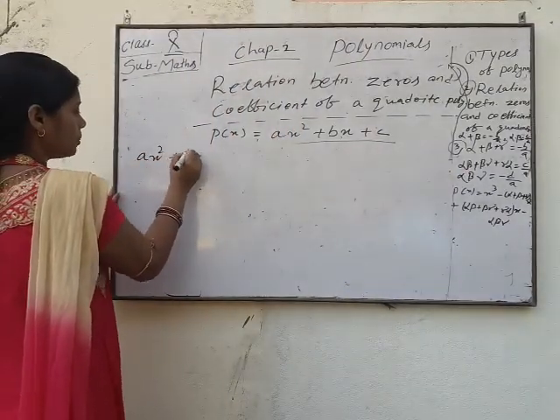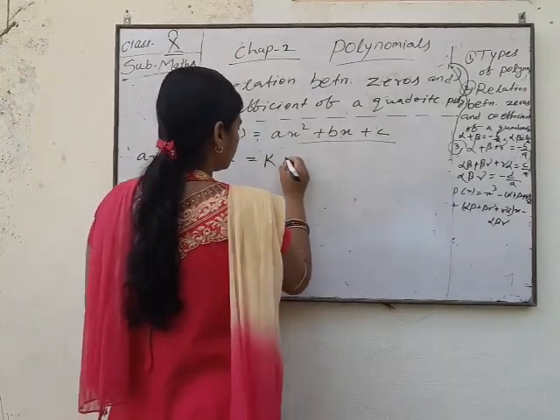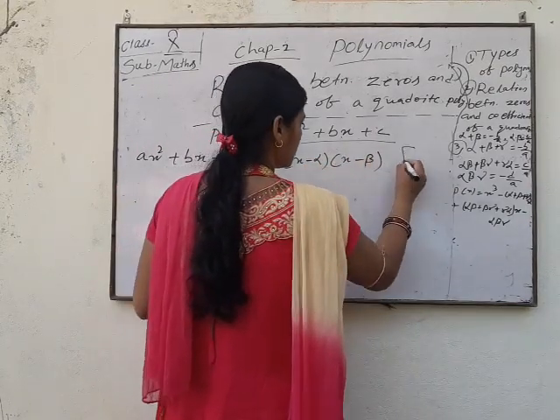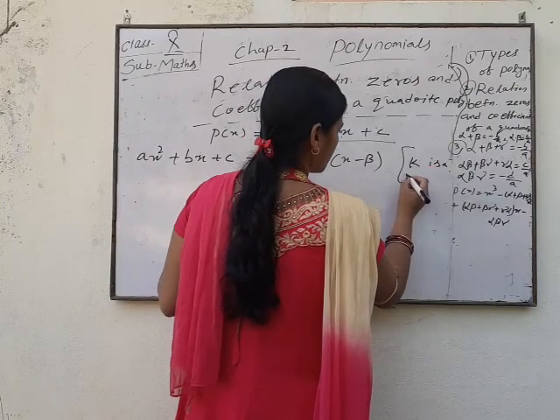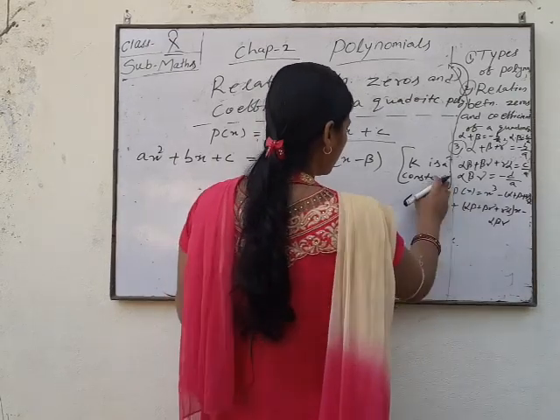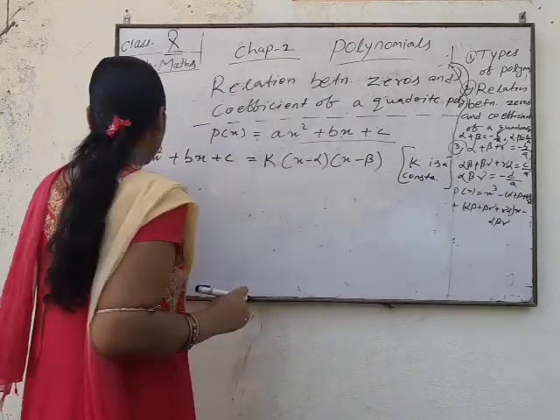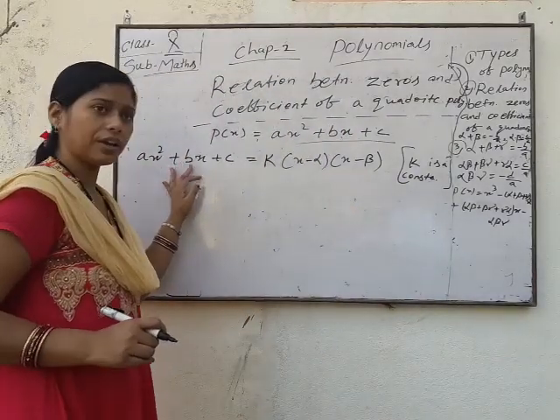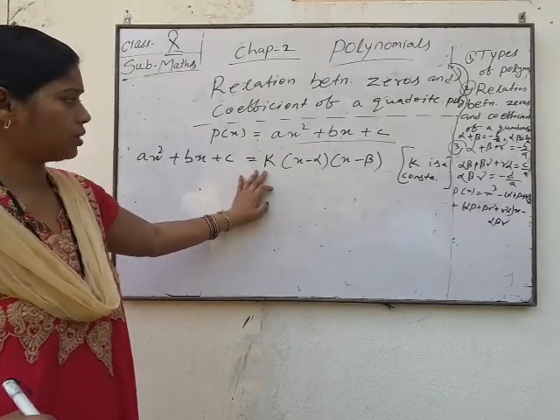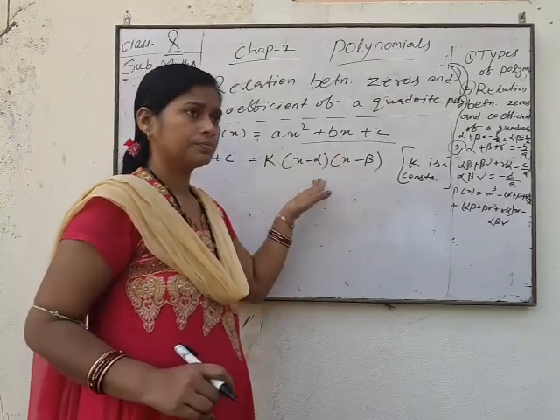So we can write ax square plus bx plus c is equal to k into x minus alpha into x minus beta, k is your constant. Okay. So ax square plus bx plus c is equal to the product of one constant and the product of your factors.